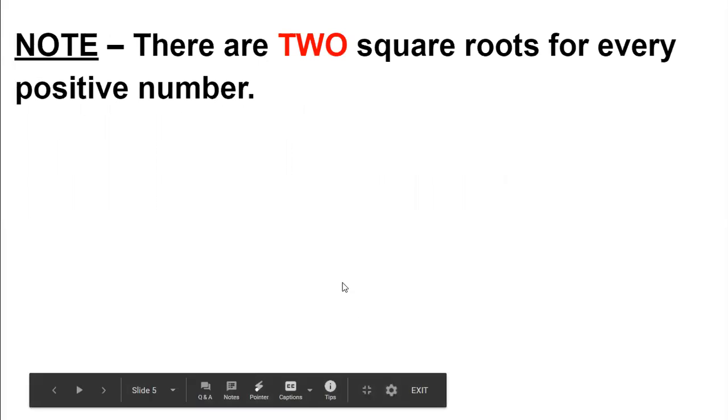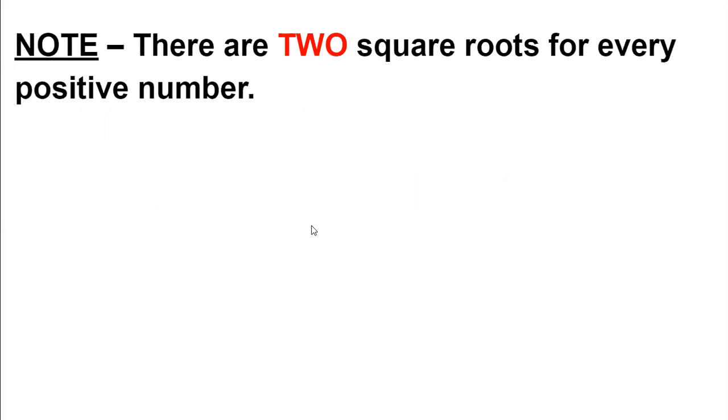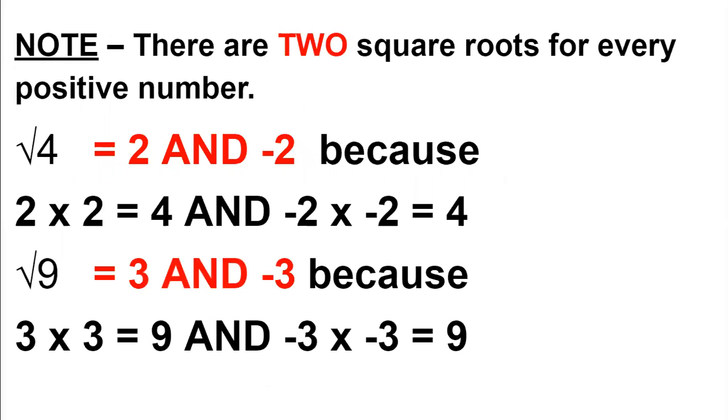Note there are 2 square roots for every positive number. So for example, the square root of 4 is equal to 2 and negative 2, because 2 times 2 equals 4.